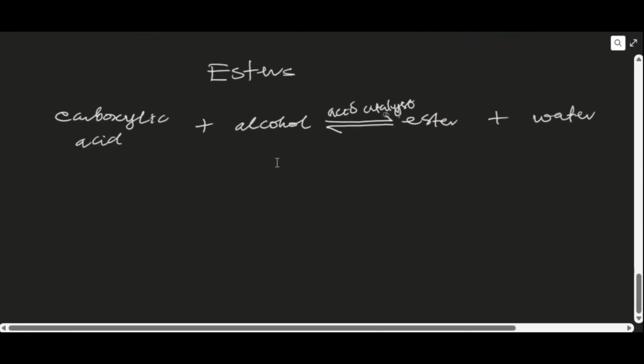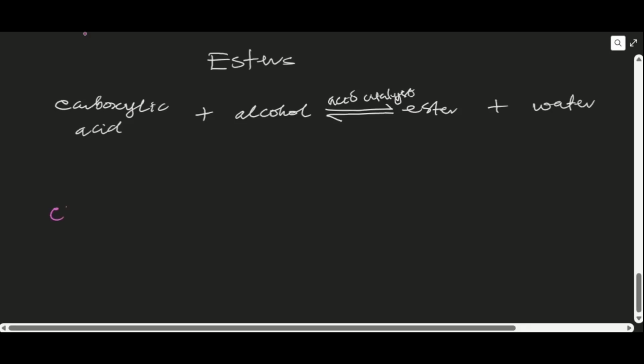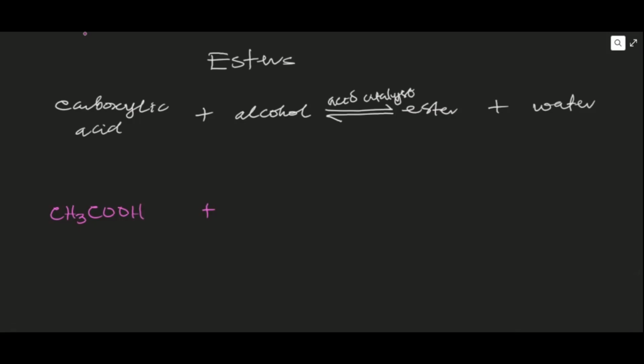Now, let's translate this word equation into a symbol equation. So we're going to use ethanoic acid first, CH3COOH. When they react with ethanol, so let's use ethanol this time around. Or we can use propanol so you understand how the reaction goes. So let's use propanol.